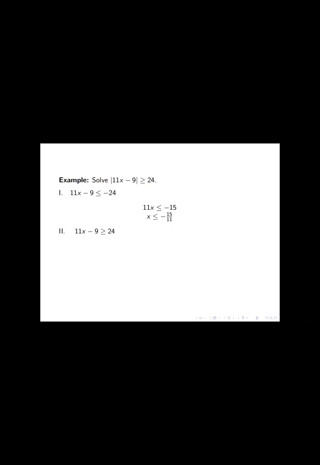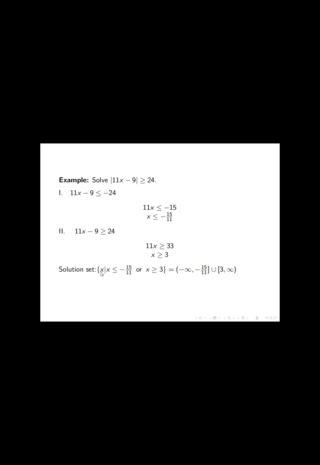Equal. Same thing, add 9, divide by 11. You have that. And since this is greater than or equal, it is outside negative 24 to 24, so the solution should be outside too. That means you have a union of intervals for this particular inequality. This one is less than or equal to negative 15 over 11.